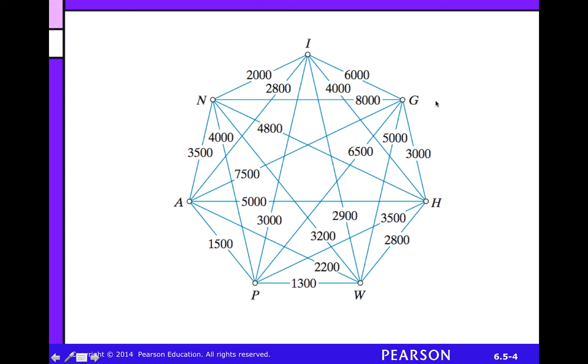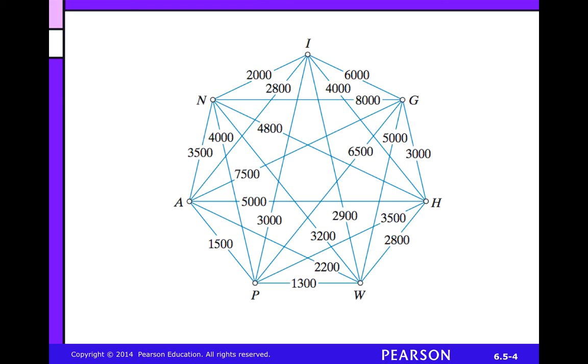If I'm going to walk a circuit through this graph, there are what? 1, 2, 3, 4, 5, 6 vertices. Oops. I really should work on my counting. Including home base, there are 7 vertices, right? So I'm going to have to walk 7 edges in my circuit. If I'm going to start at G and end at G and visit every other site, I'm going to have to walk 7 edges.